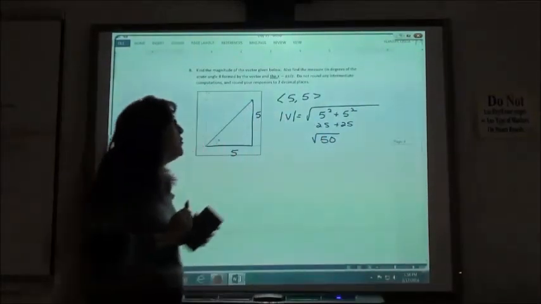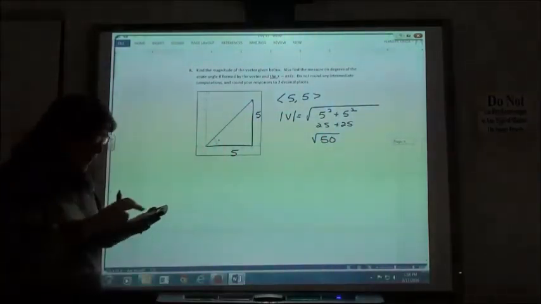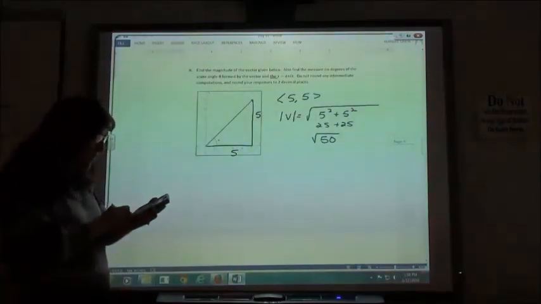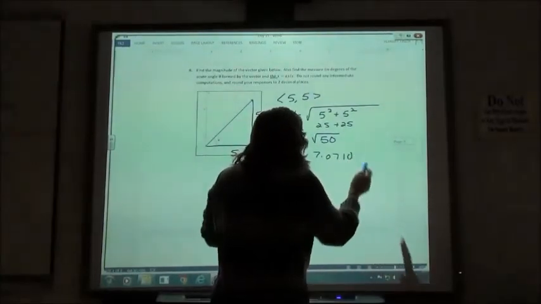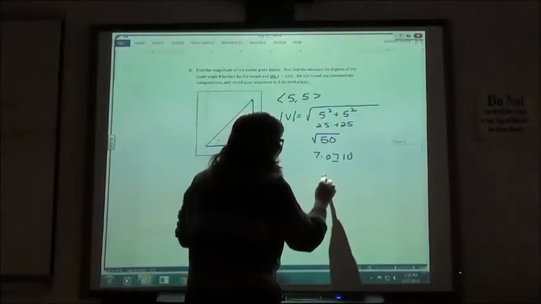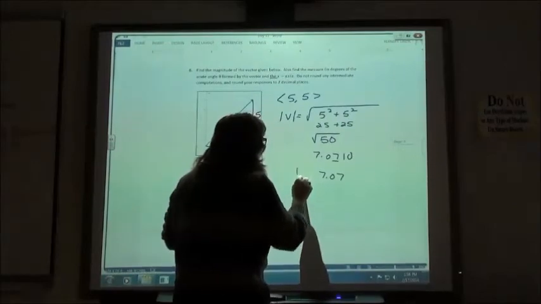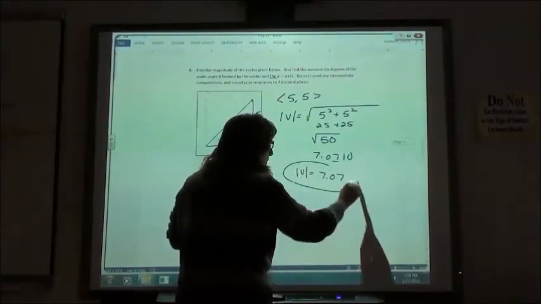And again, we're going to do 2 decimal places, so we're going to use our calculator. What is the square root of 50? 7.0710. Rounding to 2 decimal places, 7.07 then is the magnitude of our vector.